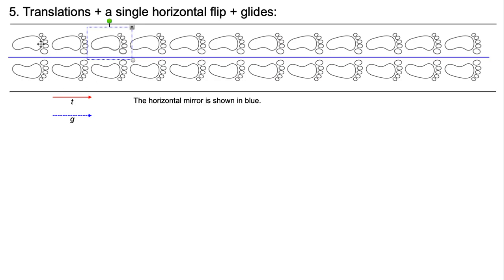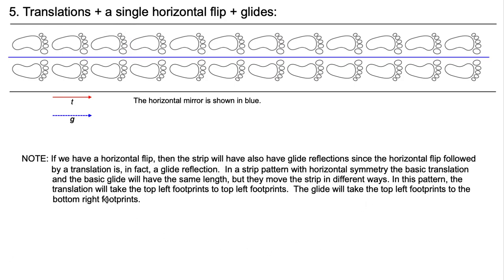So two glides takes this left footprint all the way over here, and it takes this right footprint all the way over here. In other words, two glides equals a translation of twice the length of the basic translation. And that's what this basic note is saying: if we have this horizontal flip, then the glide is always going to have the same length as the basic translation, but two of these glides are going to be a translation going from here to here.